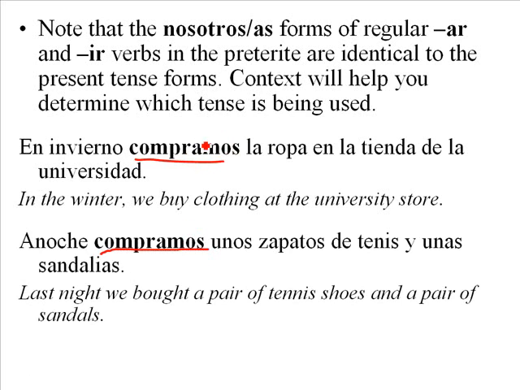We can see compramos and compramos. One is present tense, one is past tense, but they're conjugated the same. How do I know the difference? The answer is context. Context will always tell you. For example, here, anoche tells us it was last night.